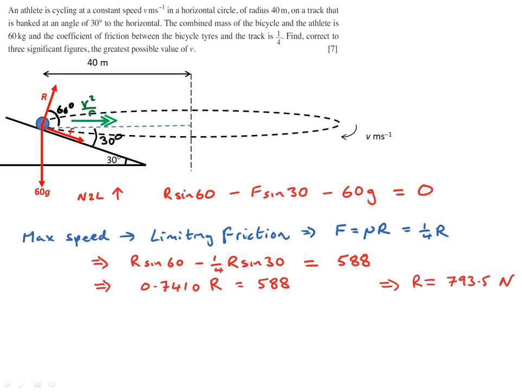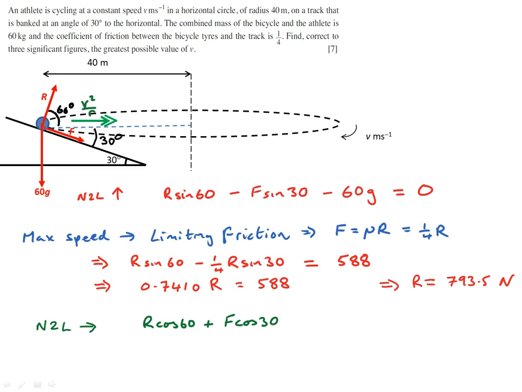We need to apply Newton's second law towards the centre of the circle. So that's applying Newton's second law horizontally to the right. We've got the component of R is going to be R cos 60. The component of F, also acting to the right, is going to be F cos 30.